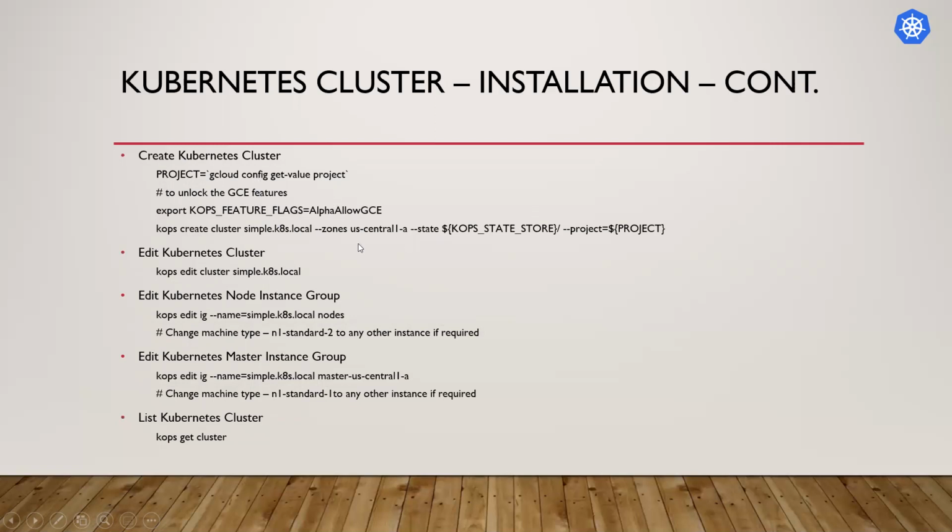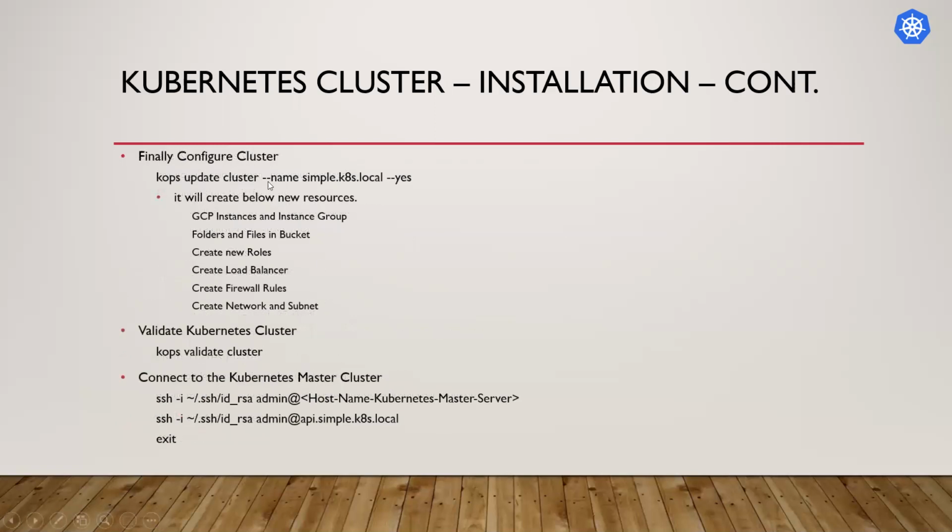We will pass some parameters for creating the cluster, and we will discuss them in detail when we start the demo. If you want to set the details of the nodes and master server, we can edit and check them. And finally, when we have checked everything and you are okay, we can create the cluster using this command.